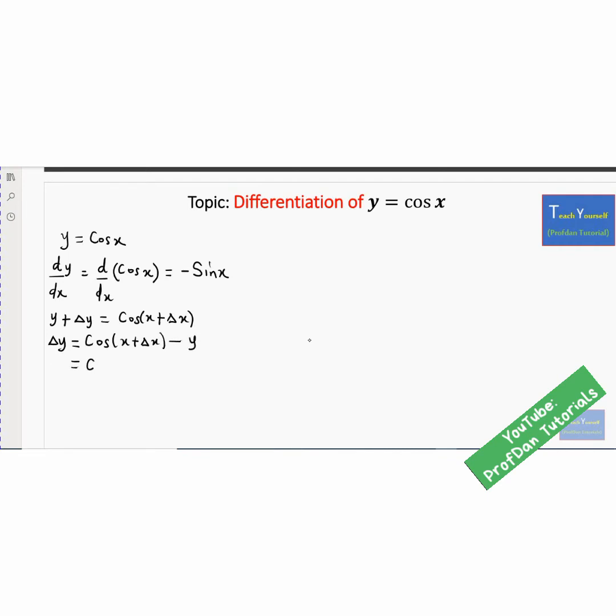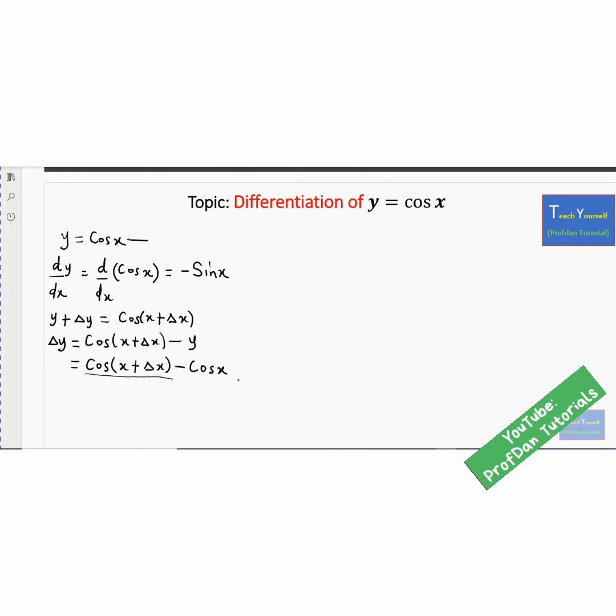Replace back the value of y, which from the question is cos x. The next thing you're going to do here is to expand what this cos of x plus delta x is.